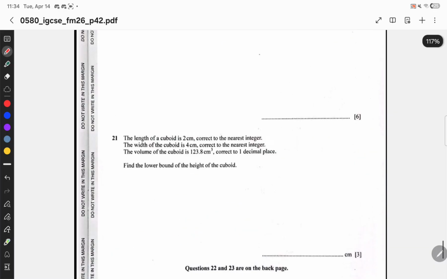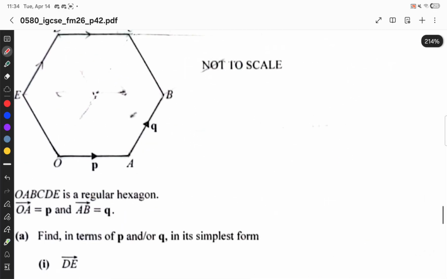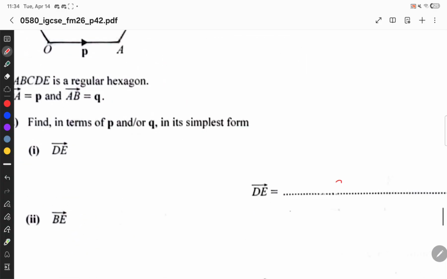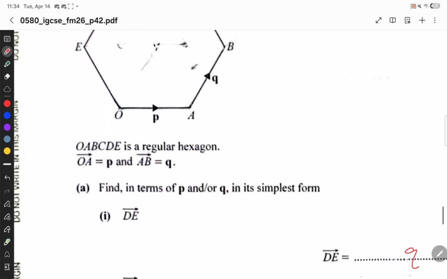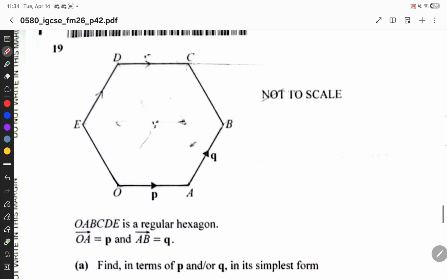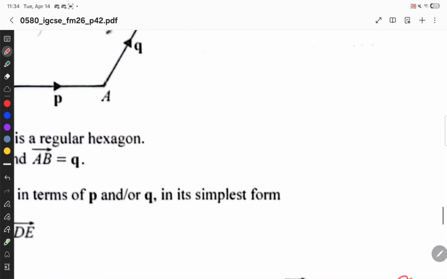Let's quickly solve the other questions. D. I have already told you what vectors are, so I do not need to explain this. If you want, I can have a separate question dedicated to it. How do you go BE? BE is negative 2p.